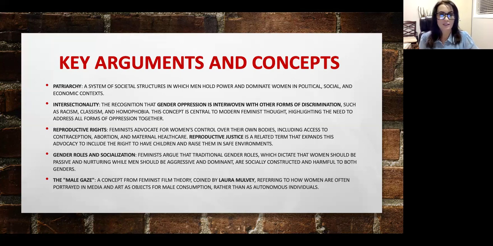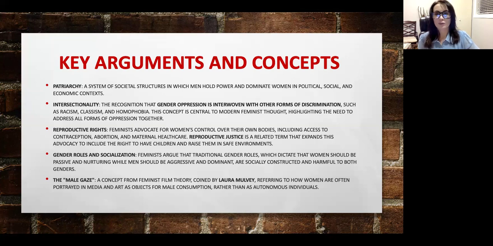Gender roles and socialization. Feminists argue that traditional gender roles are social constructs which dictate that women should be passive and nurturing while men should be aggressive and dominant.